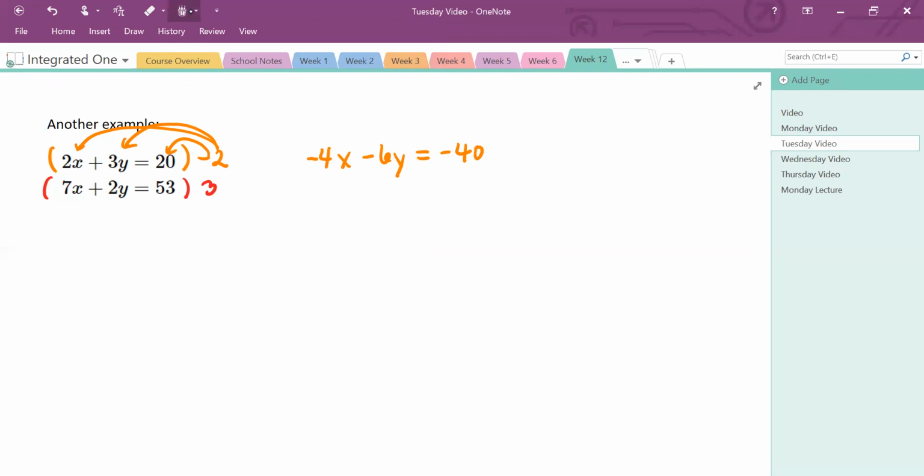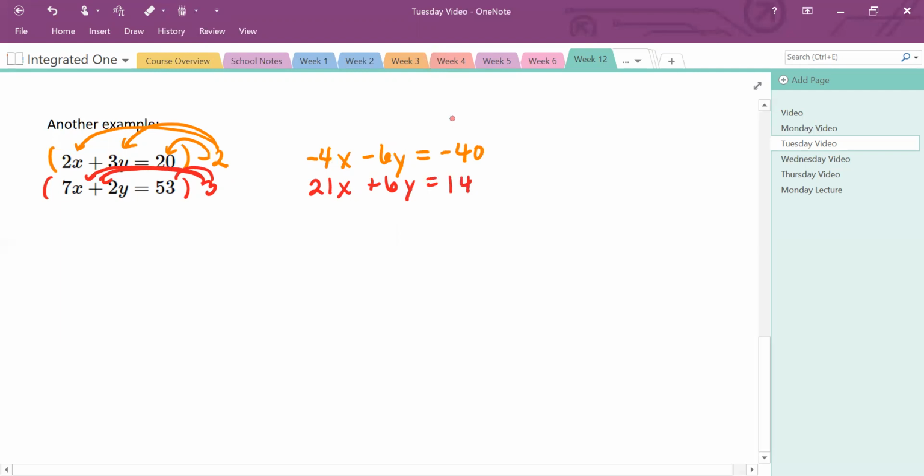For my bottom equation, 3 times 7 is 21x. 3 times 2y is positive 6y. And 3 times 53 is equal to 159.